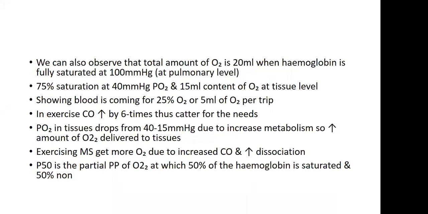So if 2 are vacant and 2 are having oxygen, means hemoglobin is 50% saturated, then we say it is the P50. It is that partial pressure at which half of the hemoglobin is saturated and half is non-saturated.